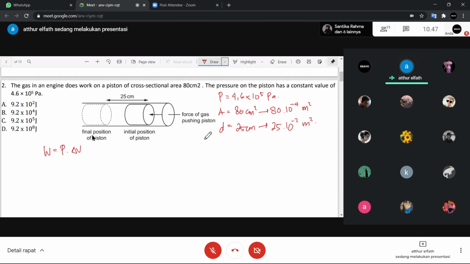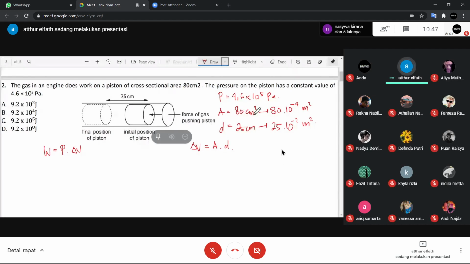The change of volume can be calculated using this formula, the cross-sectional area times the distance. We have both of them.